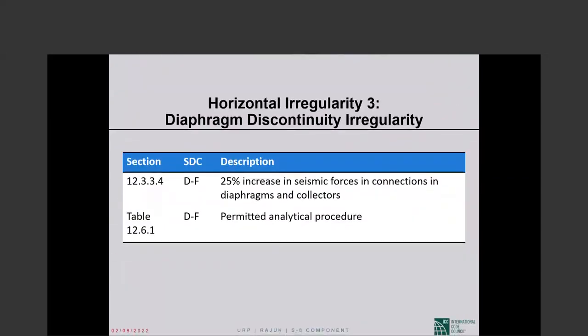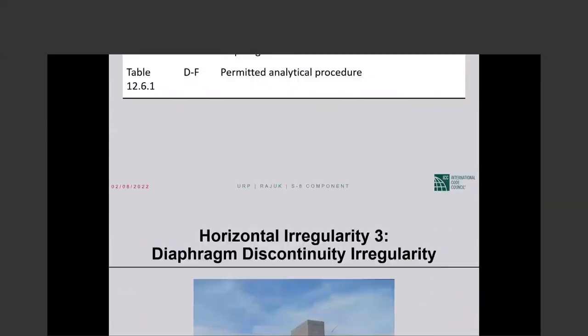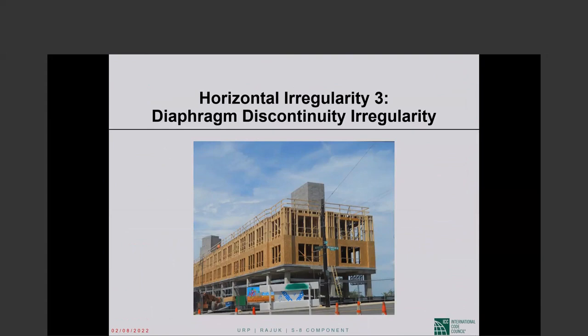If you have diaphragm discontinuity, the regulations that are triggered are again a 25% increase in seismic forces and a permitted analytical procedure. Diaphragm discontinuity irregularity, continuing with our discussion. This is very, very common now in the US.